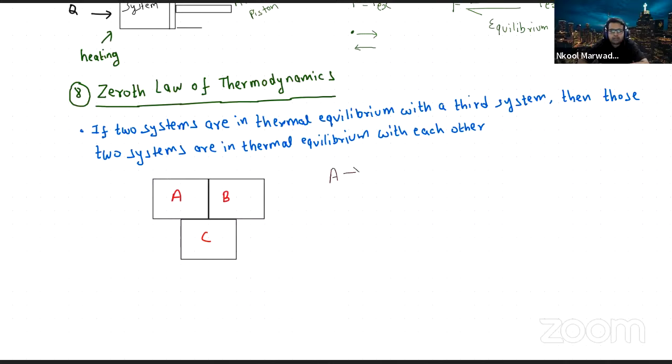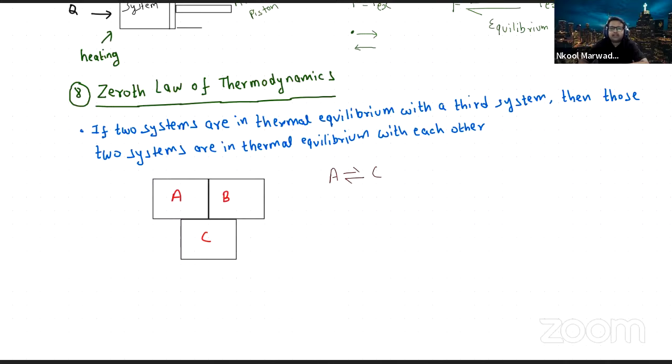Let the temperature of A be TA, temperature of B be TB, temperature of C be TC.